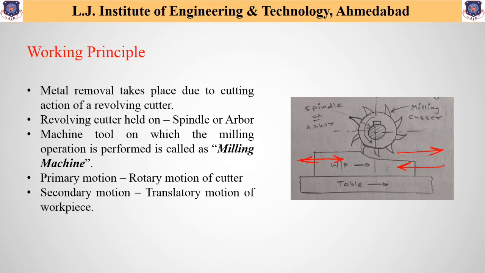These are the basic details about the working principle of the milling machine. In practical life, many milling machines are available, so they are classified in many ways. Some of the milling machines we will classify in our further lectures.